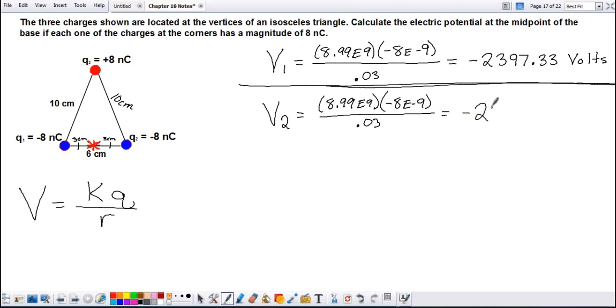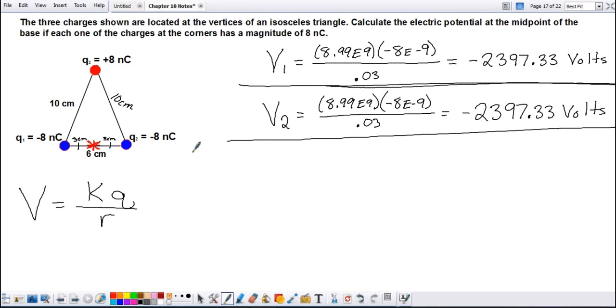The two charges at the base and the distances were the same, so we get the same potential. Then we need to find the potential for the third. Again, Coulomb's constant, 8.99 times 10 to the 9th, times the charge. This time it's positive 8, so 8 times 10 to the negative 9th, because it's nanocoulombs, divided by the distance.